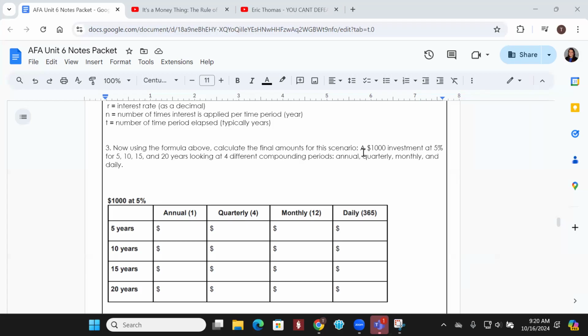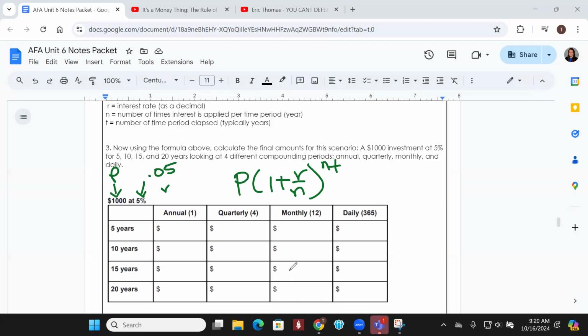You are going to take this formula and plug in your information. P is 1,000. 5% is 0.05. That's your R. N is whatever number is in that column, and the time is whatever number is in that row. You're going to fill in each box.